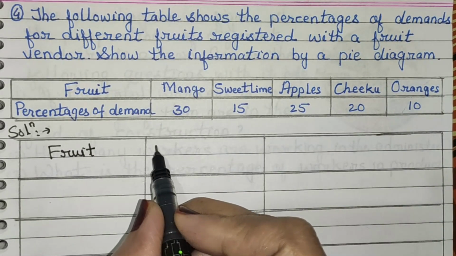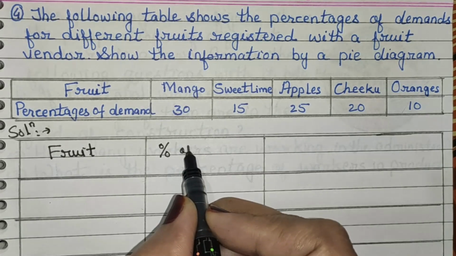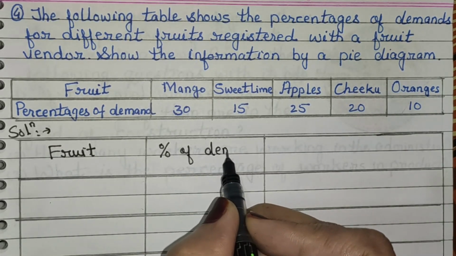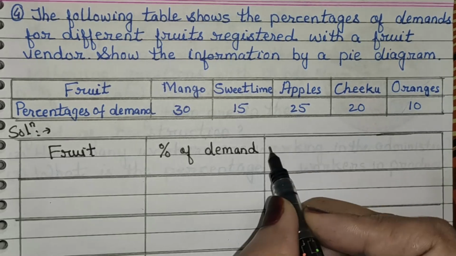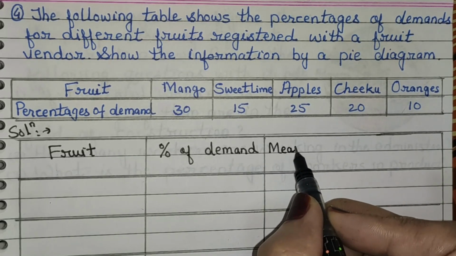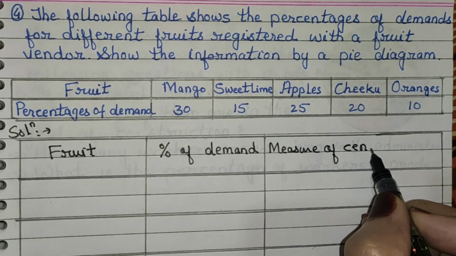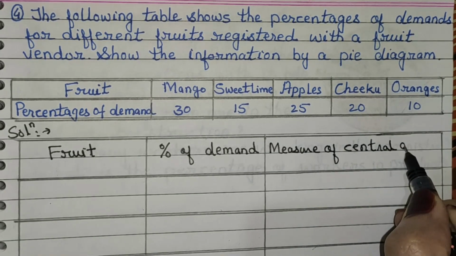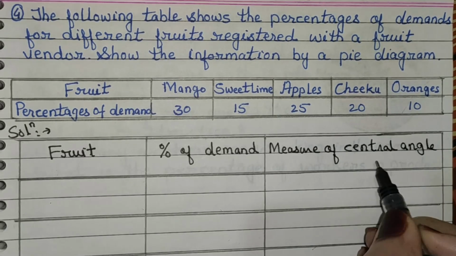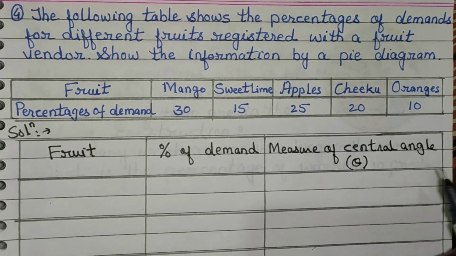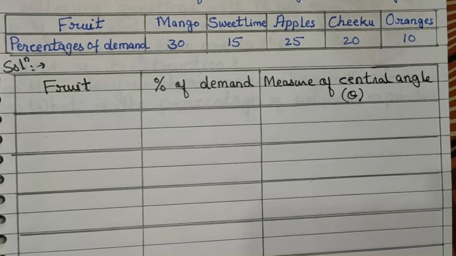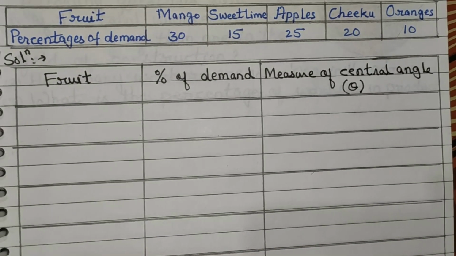Next, percentage of demand. Next one is measure of central angle, denoted by theta.